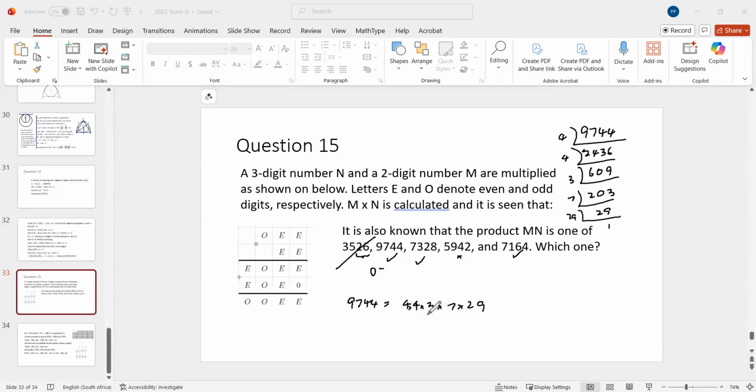Now you want to get a 3-digit number. There are several 3-digit factors. I want to look for a 3-digit factor. 7 times 29 is one of them, and 203 times 3, which is 609.